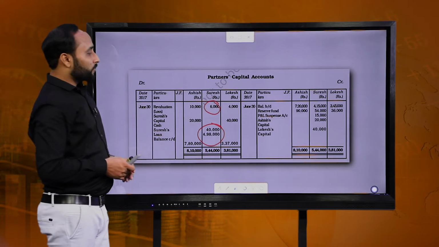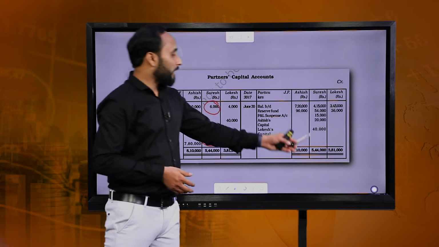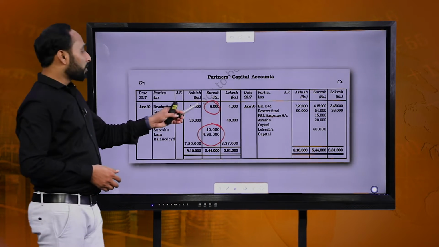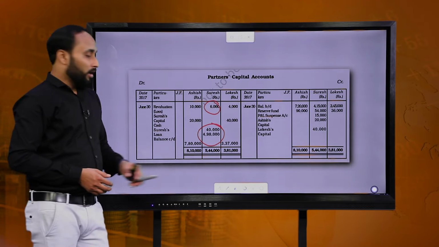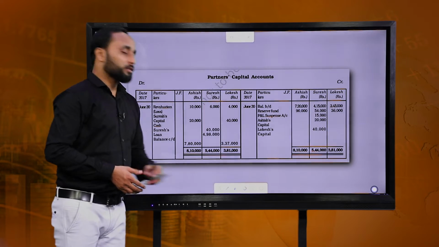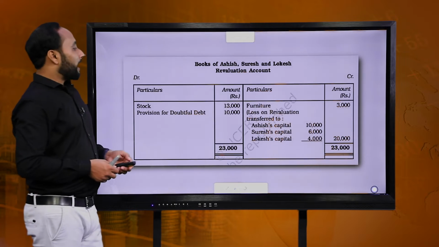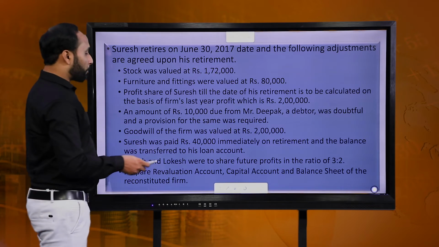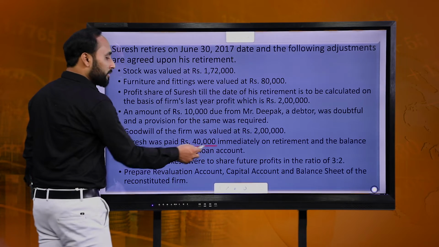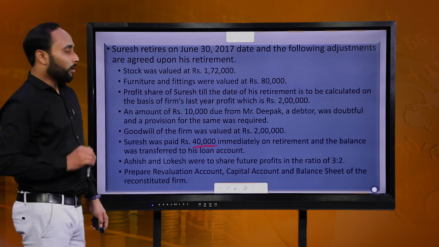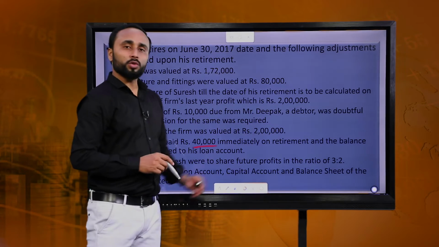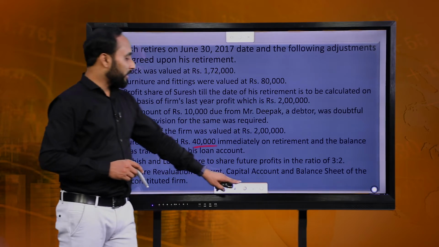The total gap was 5,38,000 because the total of the credit side was 544 and here we had only 6,000. Now, we have to make a payment of 5,38,000. But the partners decided to pay 40,000 only right now and to transfer the balance into the loan account of the retiring partner.